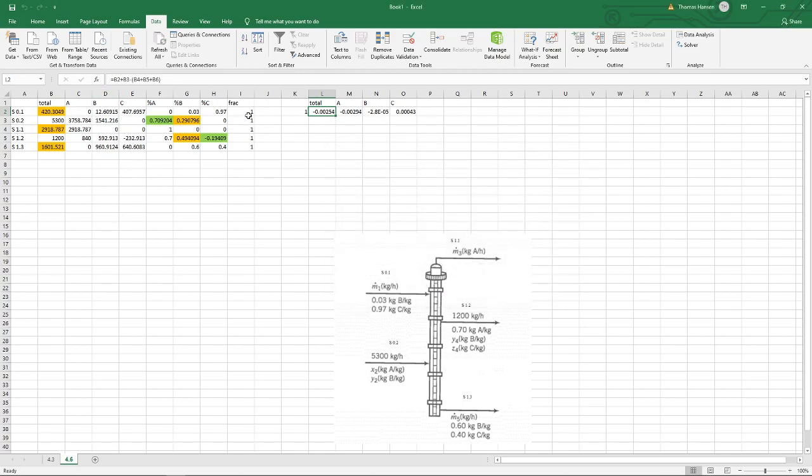Does it make sense? All of our fractions are good. Oh, we have a problem. Excel has given us a negative composition. So that won't do. So we have to figure out a way to avoid this. How can we do that?